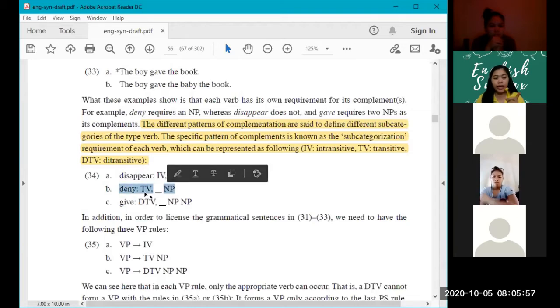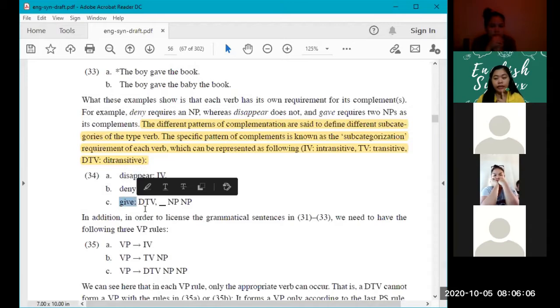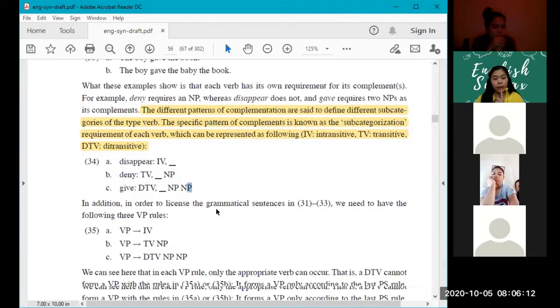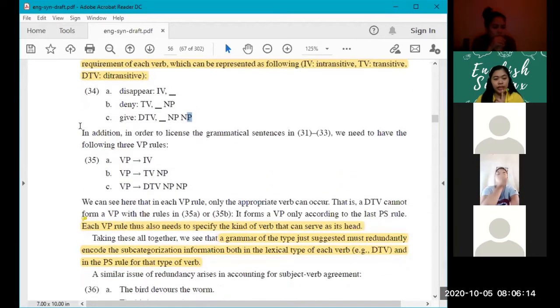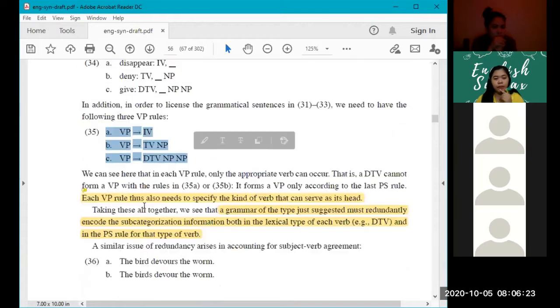The verb deny is a transitive verb and requires an NP. And the verb give is a ditransitive verb, which requires two NPs as its complement. In addition to this, in order to license the grammatical sentences we have in the previous one, we need to have the following three VP rules.